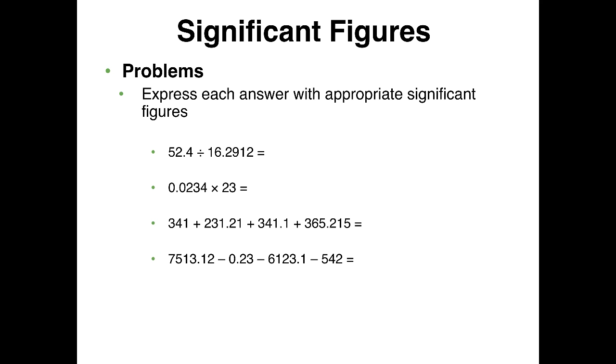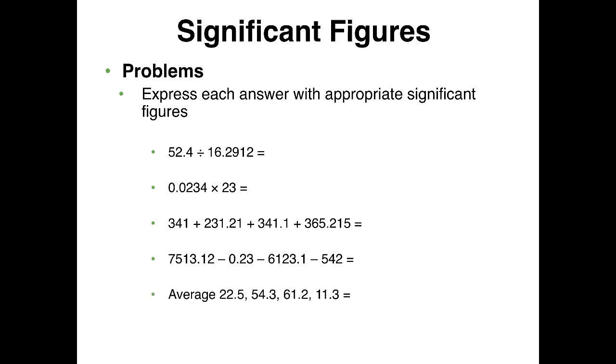Okay, my calculator says 847.79. The least precise here is the last one, 542, the ones place again. So you would round up from 847.79 to 848 as the answer.